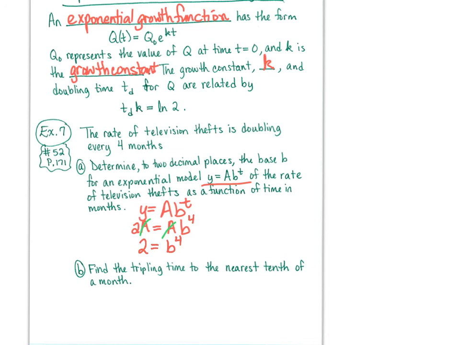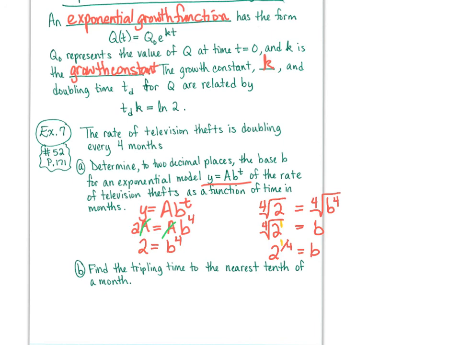Or we can solve this by applying the 4th root to both sides to get b is equal to the 4th root of 2, or remember that's an understood 1 here, so we can rewrite that as 2 raised to the 1 divided by 4, and you can enter that into your calculators.